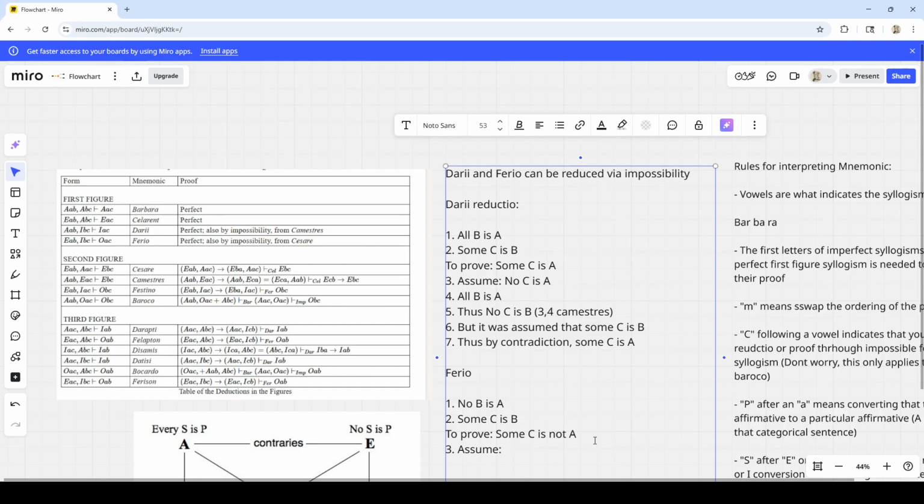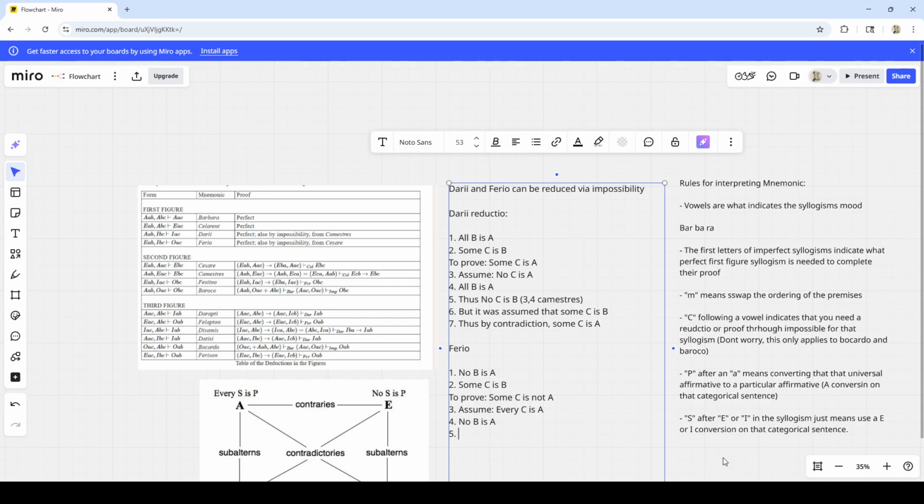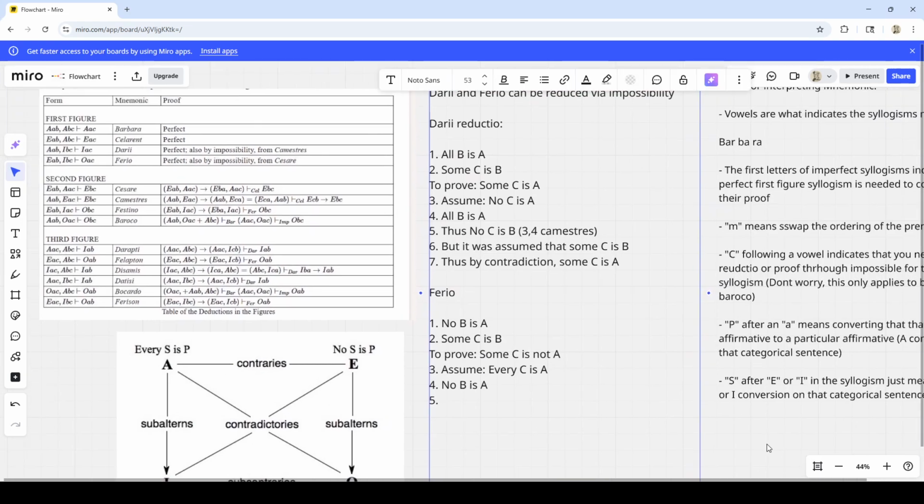Because the conclusion we're trying to prove is an O, we assume that every C is A, and then we restate premise 1, that no B is A, and then we can logically conclude that no C is B.